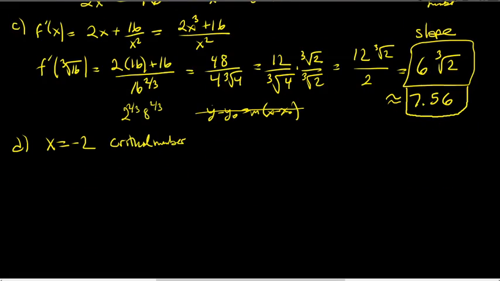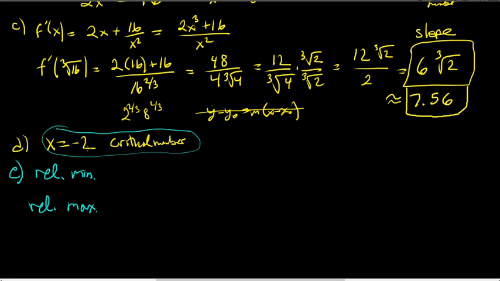And then part E was to find all the relative max and min points. So relative minimum and relative maximums. So, well, there's only going to be one because there's only one critical number, right? So is it a maximum or a minimum? Well, you can do the first derivative test or the second derivative test.